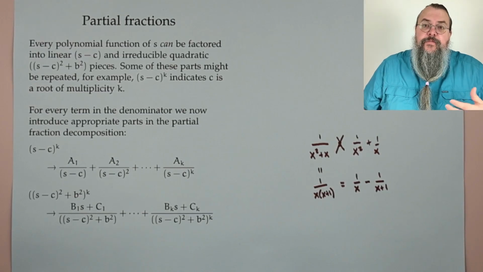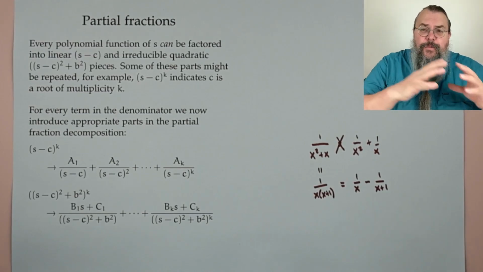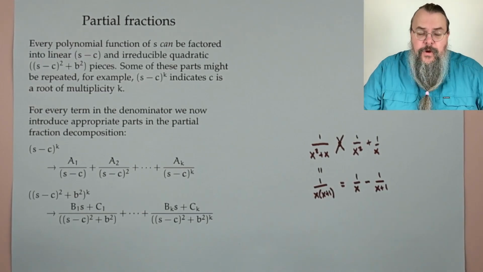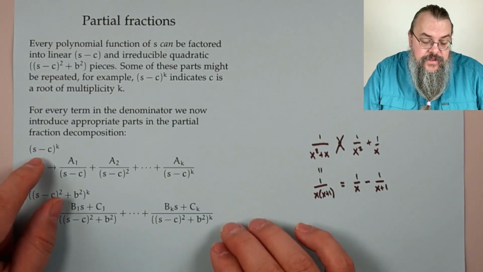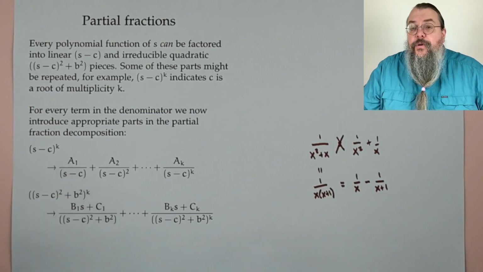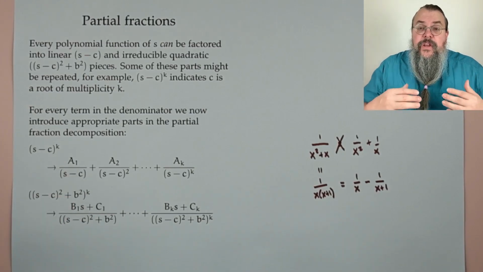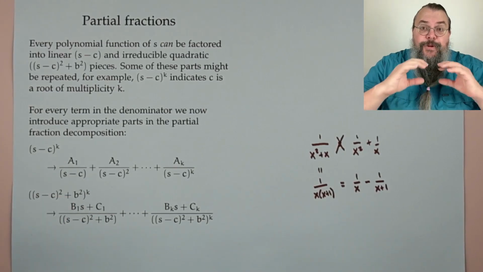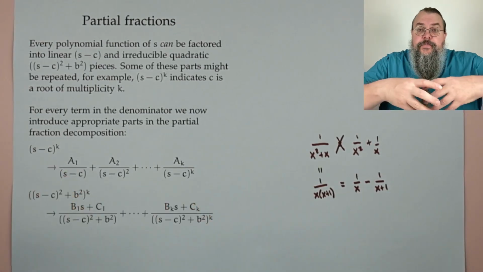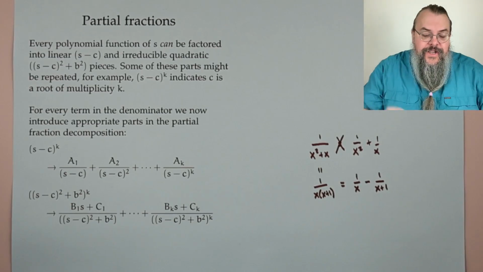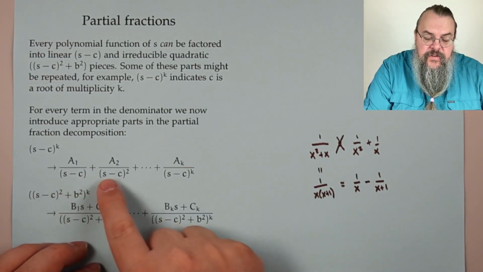In general, we'll have some number of pieces, and they fall more or less into 2 camps. One camp are what we would call linear terms. So something like s minus c, or we might have s minus c to the power k. So if we see that downstairs, we say, okay, in terms of the pulling apart, what we're going to have is a bunch of pieces.